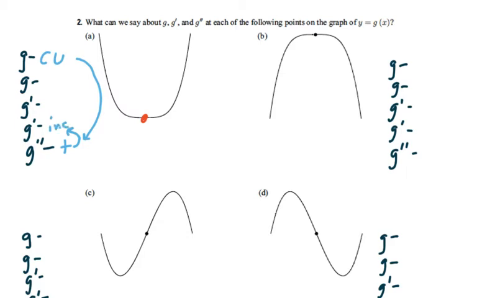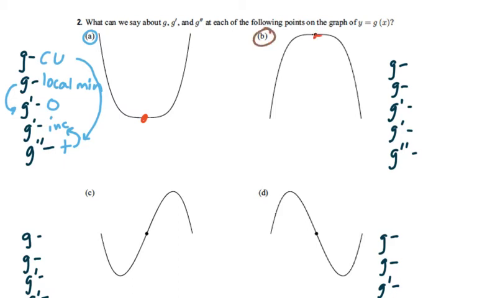So that's one answer that gives me two others. I can also say that at that point right there, it is a local min. It's the lowest point in that neighborhood. Because it's a local min, the derivative of a local min is 0. So there's part A.